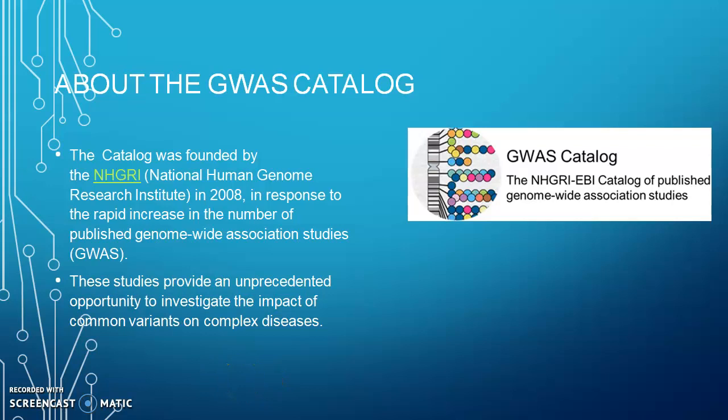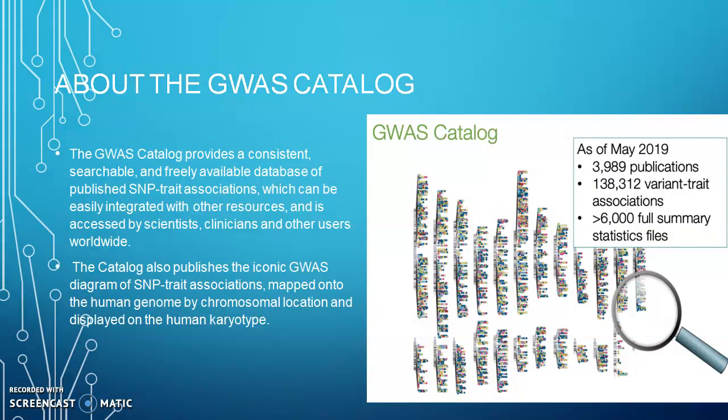So about the GWAS catalog, it was founded by the National Human Genome Research Institute in 2008. It is responsible for the rapid increase of the number of published genome-wide association studies, and these studies provide an unprecedented opportunity to investigate the impact of common variants on complex diseases. So it provides a consistent, searchable, and freely available database of published SNP trait associations.